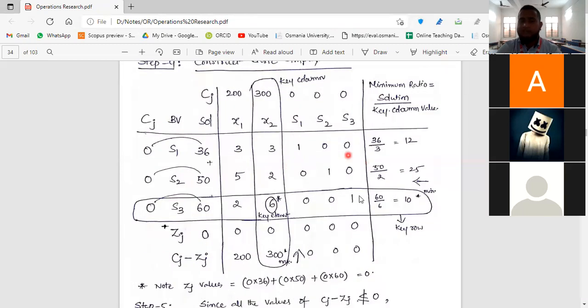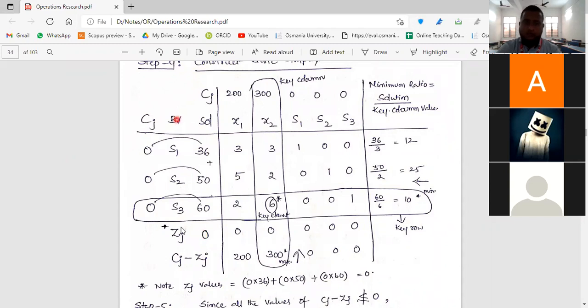Same values I have substituted here. So 1, 0, 0, 0, 0, 1, like that you have got it. Clear? Now up to this you can just substitute the value.